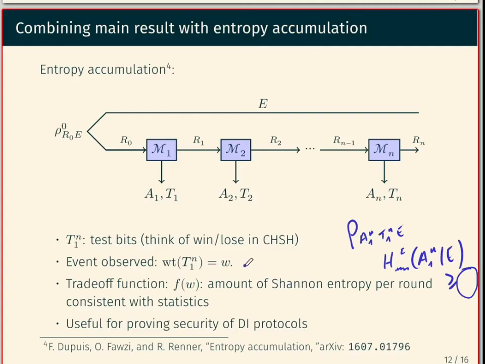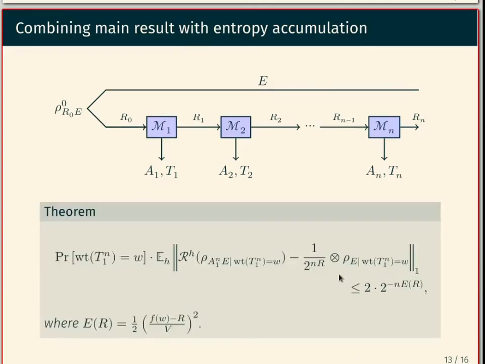And using this result, now we can cut out the middleman, because we don't need to lower bound this anymore. We can just lower bound H alpha directly, also using the trade-off function. So now we can do the same substitution with the same advantages that we had before. So we're again able to easily get an error exponent for the DIQKD protocols. And here's what the result ends up looking like.